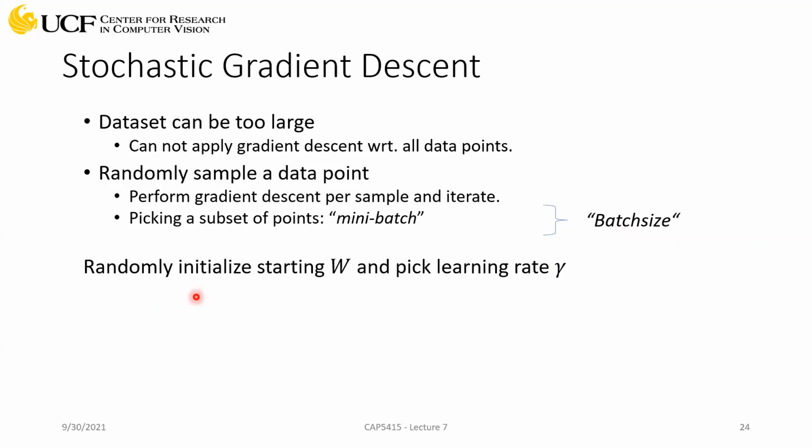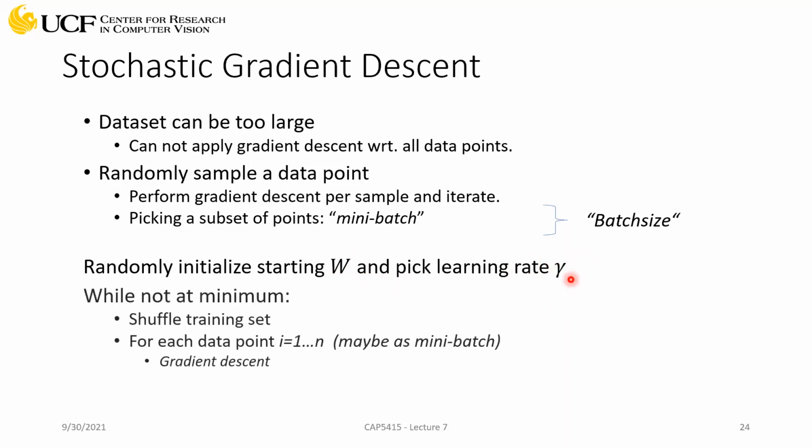Initially you start with random weights for all the kernels, or whatever parameters you have in your network. They could be kernels if it's convolutional, or just weights for your neural network layers. And then you need a learning rate, which will be used to take those gradient steps to do the update. And this was the whole training process.